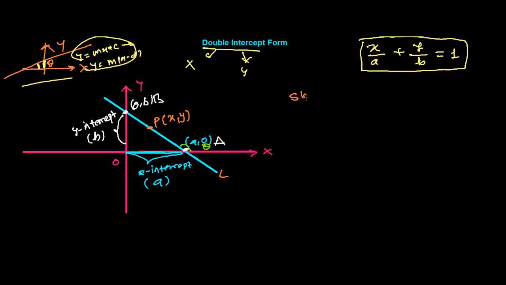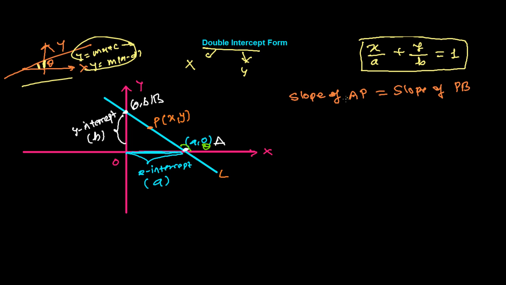Here I'm just going to write that the slope of line AP and the slope of line PB are going to be equal, because line PA is making angle theta, and line PB, if you extend it till the x-axis, is also making theta, so both have the same inclination, which means both should have the same slope. That is why I equate the slope of AP to the slope of PB.